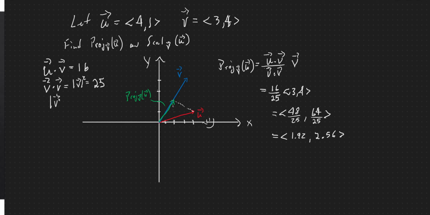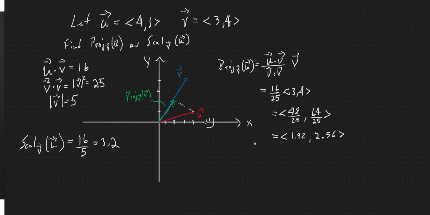I already know magnitude v is 5, and I know u dot v is 16, so the scalar projection of u onto v, which tells me how much of u goes along v, is 16 over 5. That's 3 and 1/5, that's 3.2.